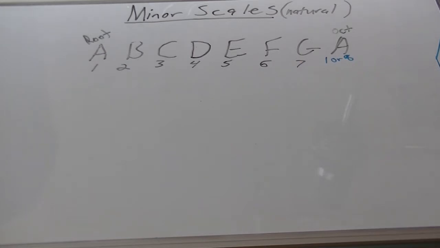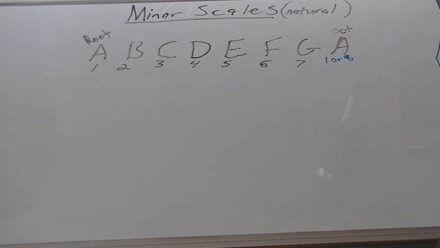We introduced the major scale and we learned about scale tone chords and quite a few other things in that lesson. Lesson number 29 is also a good lesson to go back and watch, because we're going to touch on some of the stuff in there. But anyway, let's keep going.